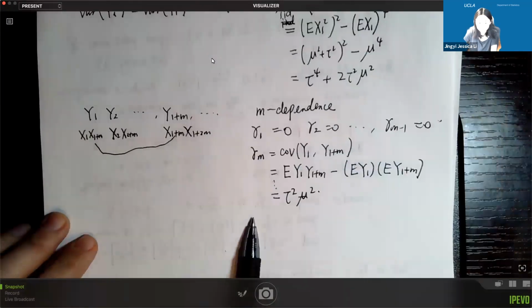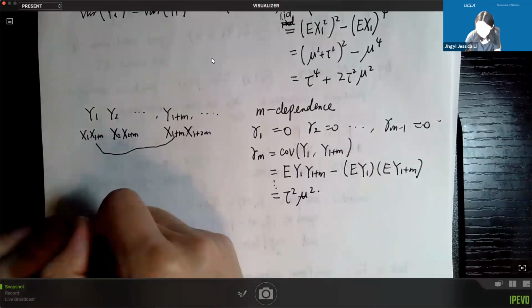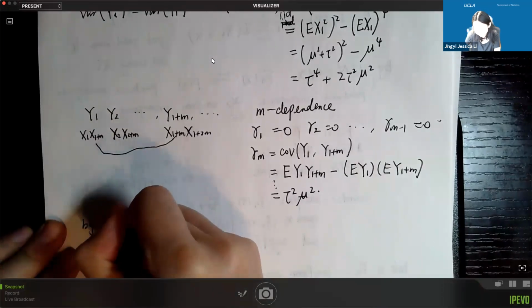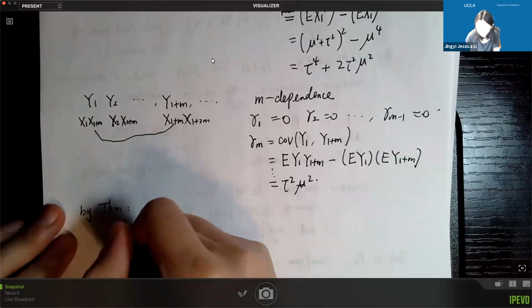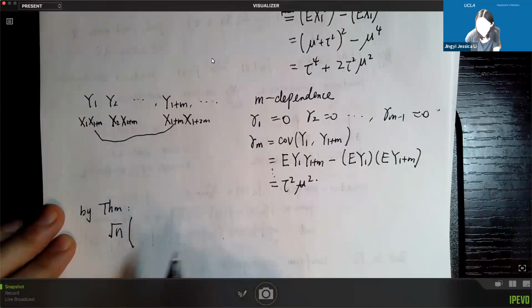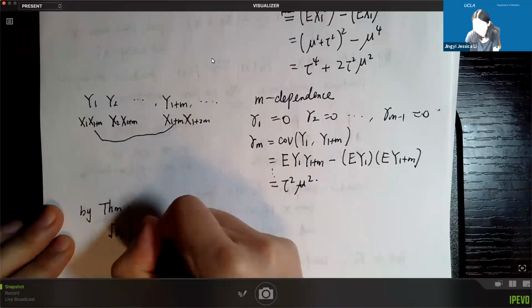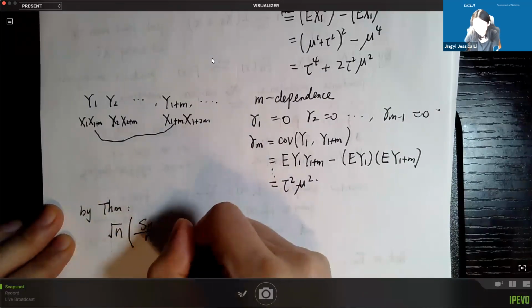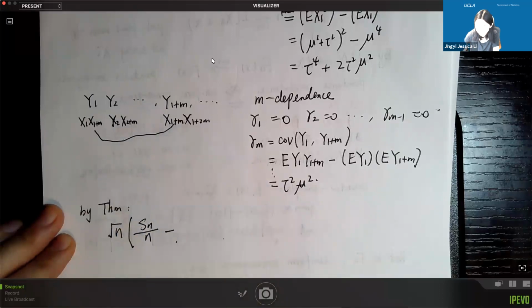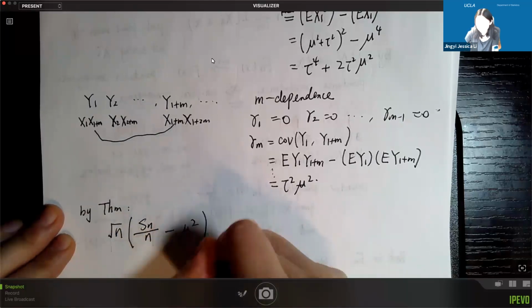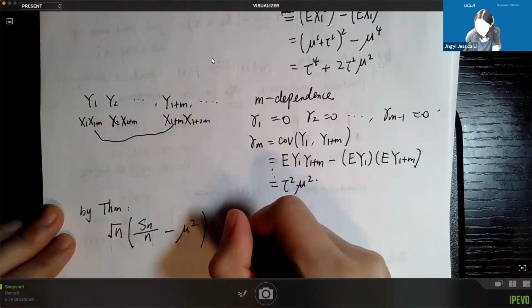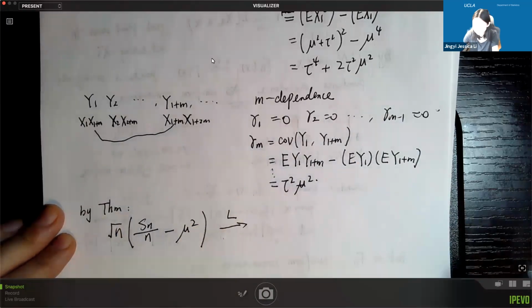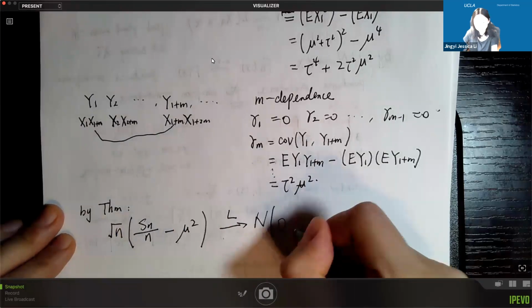So finally, by the theorem we just proved today, we can show that root n times (Sn over n, that's the average, minus mu squared, which is actually the mean of xi times xi plus 1) will converge in law to a normal distribution with mean 0.